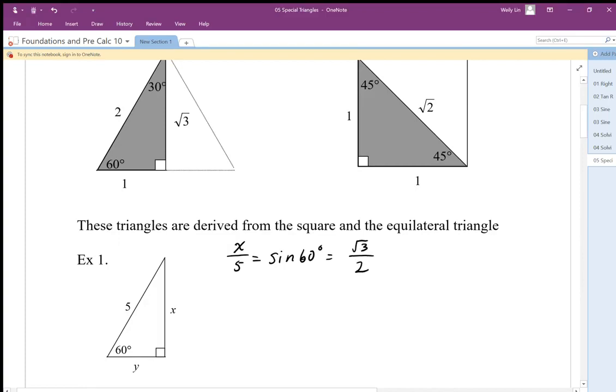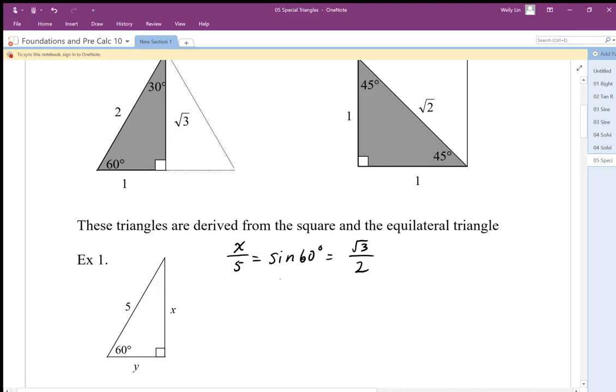So sine 60 is equal to root 3 over 2. I didn't use my calculator. Notice I didn't get a decimal value. If I went to my calculator, I'd get 0.866. That's not something that we're going to use. We're not going to use the decimal values for these, because these are known triangles. We can work these out using symmetry, which is math, so we're not going to rely on some technology to do this.